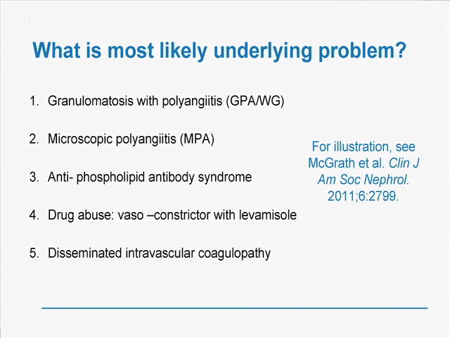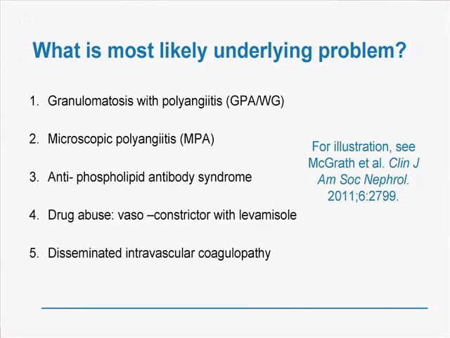She's ANCA positive, maybe that's the tip-off there. Could it be microscopic polyangiitis, or MPA? Could it be antiphospholipid antibody syndrome? Could it be a form of vasculopathy that's associated with the use of vasoconstricting agents and levamisole? Could it be disseminated intravascular coagulopathy?